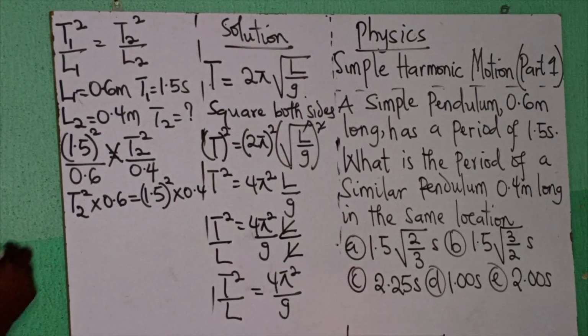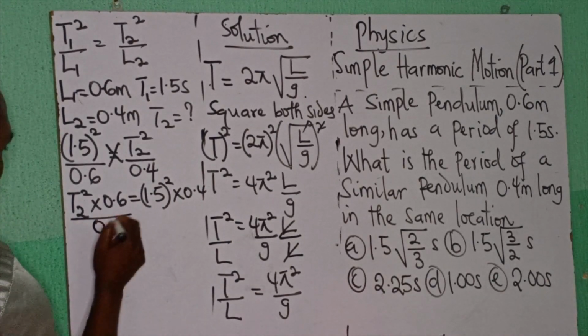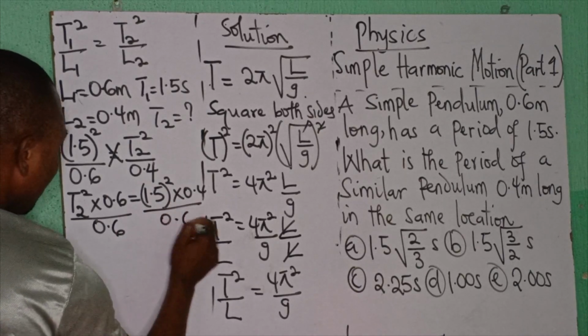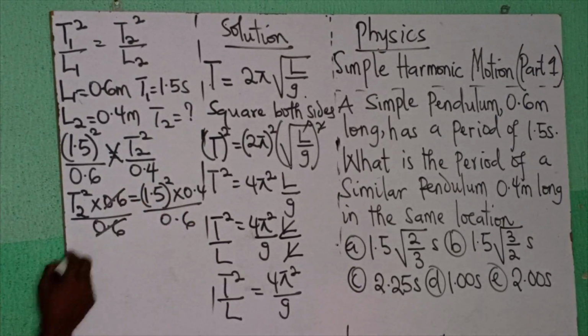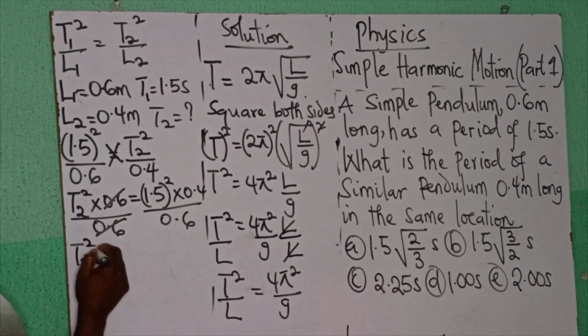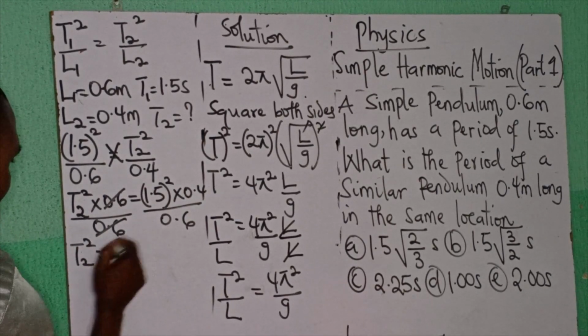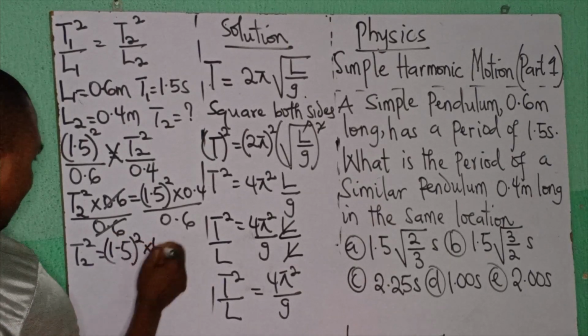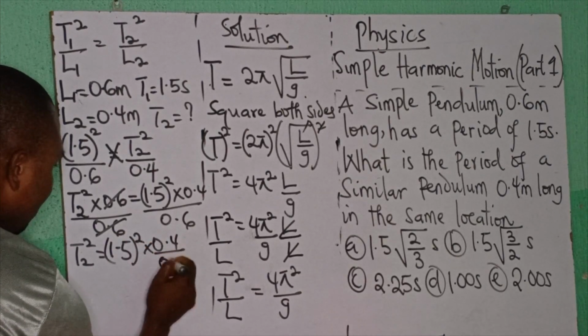Now, dividing both sides by 0.6, this cancels this. So I'm having T2 squared equals 1.5 squared times 0.4 over 0.6.